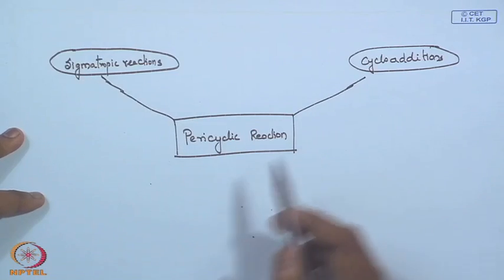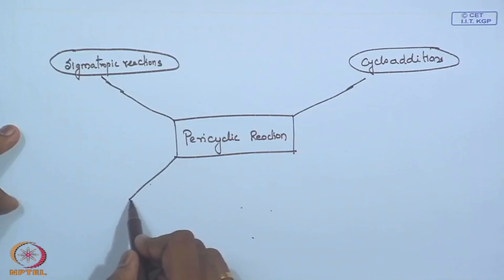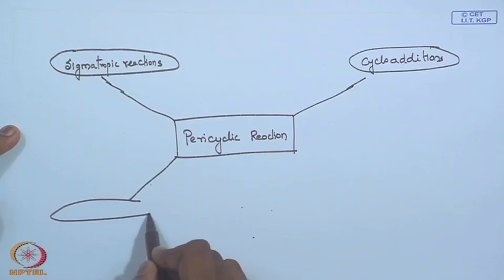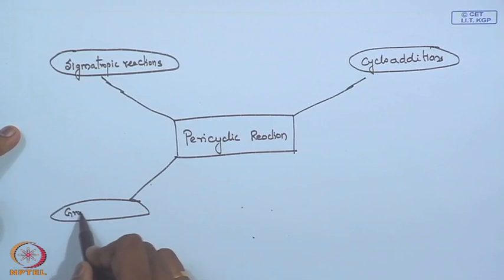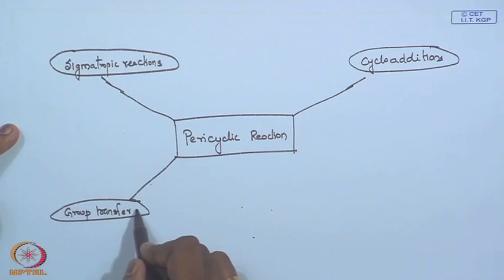We finished sigmatropic, then studied cycloaddition reactions, then we went for Ene reactions. The Ene reaction is a group transfer reaction.